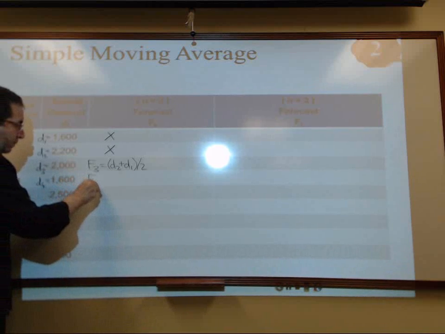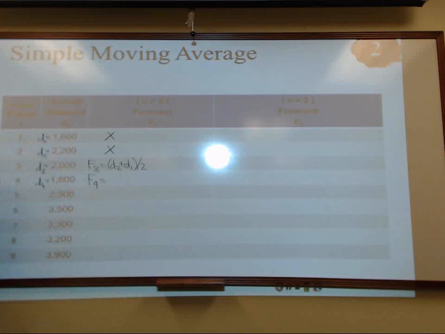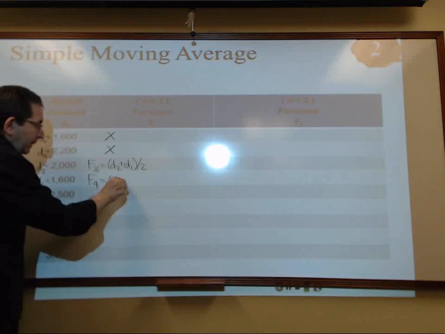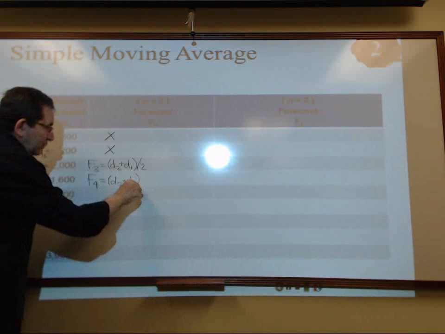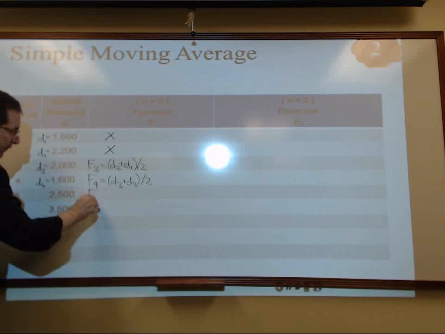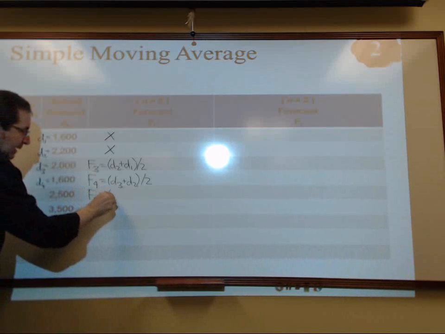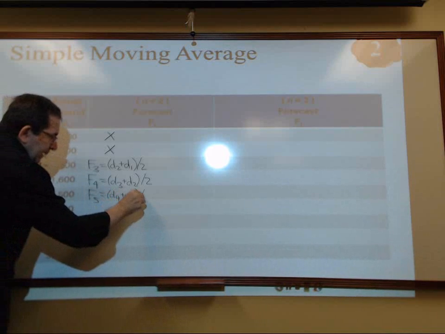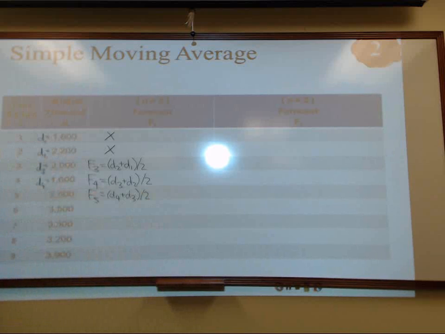For period 4, F4, I'm just going to average D3 and D2 divided by 2. Okay? And for period 5, I take D4 plus D3 and divide by 2.